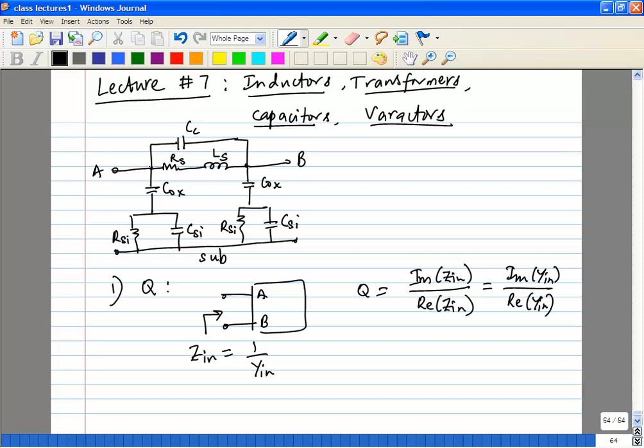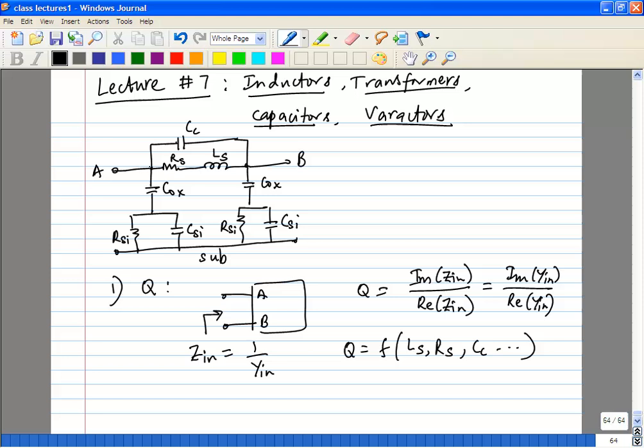All of these are equal. You can use either one of these. Obviously, when you have such a complex model, your Q is going to be a function of a bunch of things: your LS, RS, your CC, and so on, all these parameters, because it depends on both the real and imaginary parts.